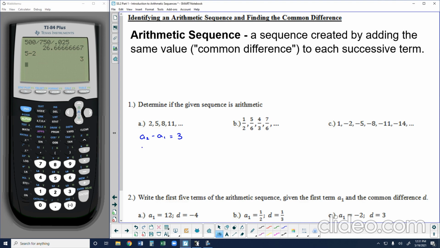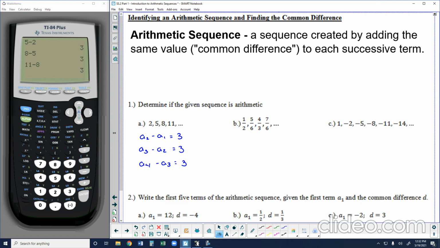I can do the same thing with A3 minus A2. So my third term here would be 8 minus 5. That difference is 3. Do the same thing with the fourth term. So A4 minus A3, 11 minus 8, and we would see that that difference is also 3.